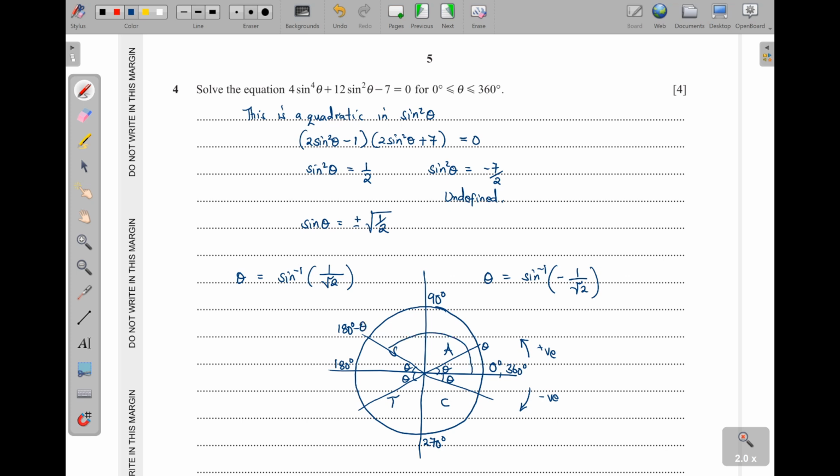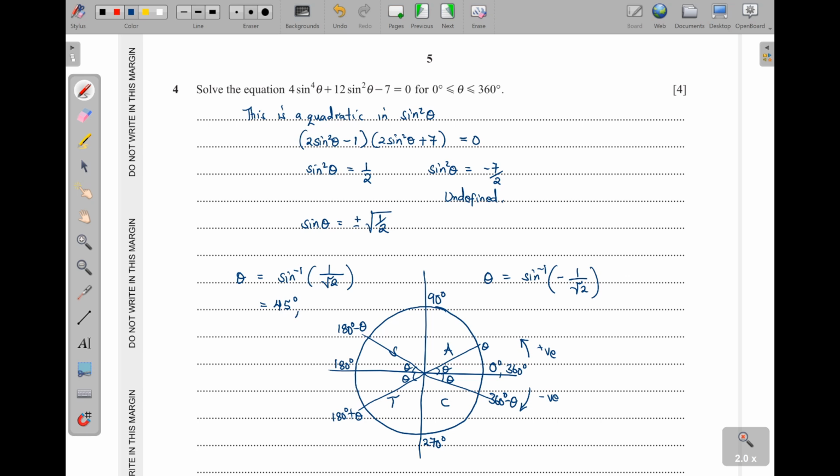In the third quadrant, it will be 180 plus this theta here. In the fourth quadrant, it will be 360 minus this theta here, to get from here up to here. So that will be 360 minus theta.